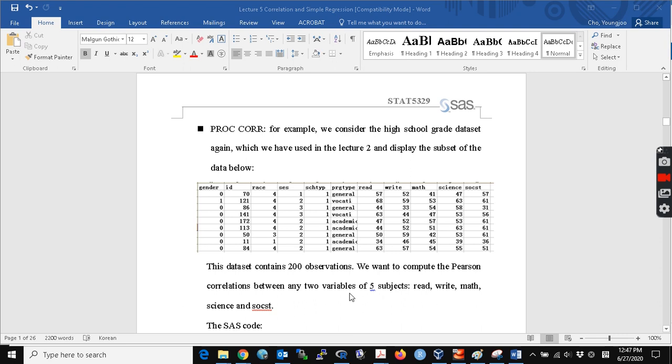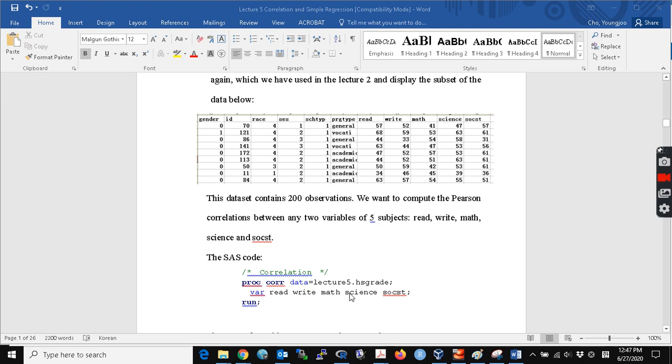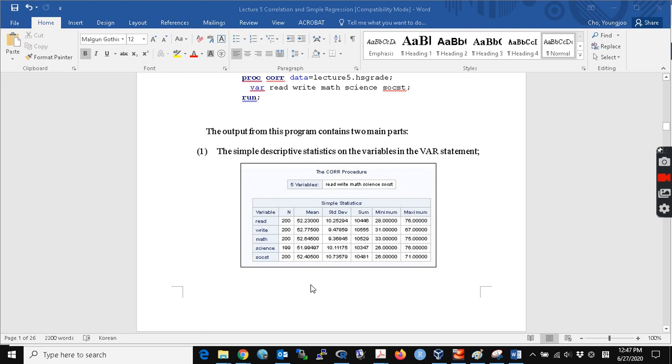So let's look at the high school grade dataset again. We have 5 numeric variables in here: reading, writing, math, science, and social study. If you specify the correlation for these 5 variables using the VAR statement, then you compute the correlation of the five variables.